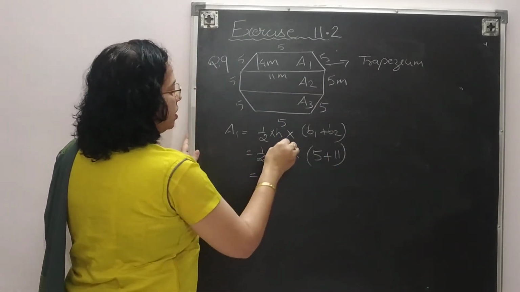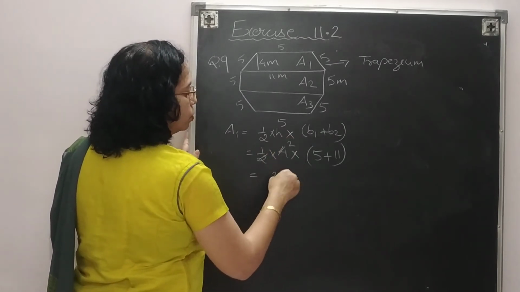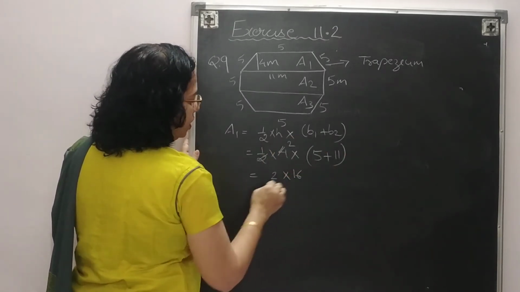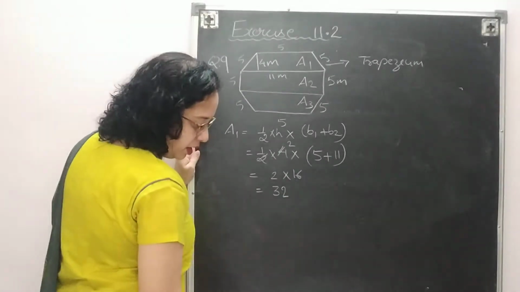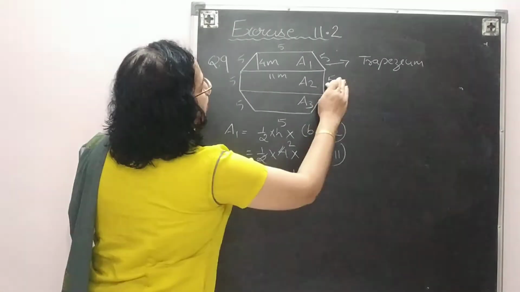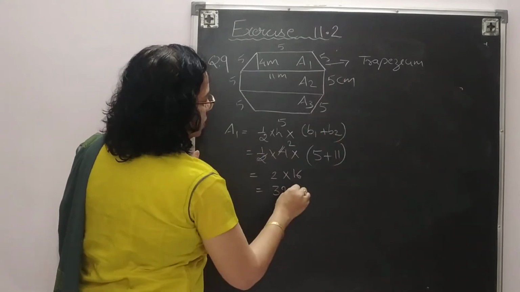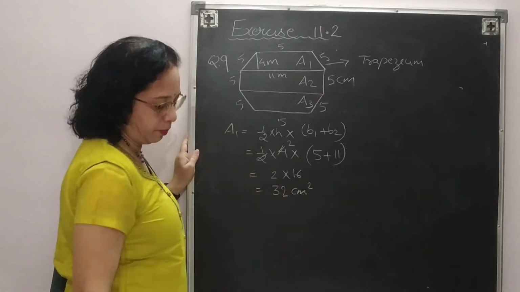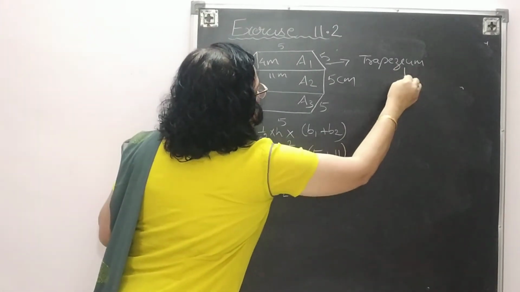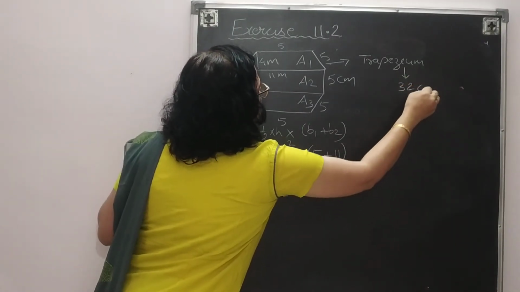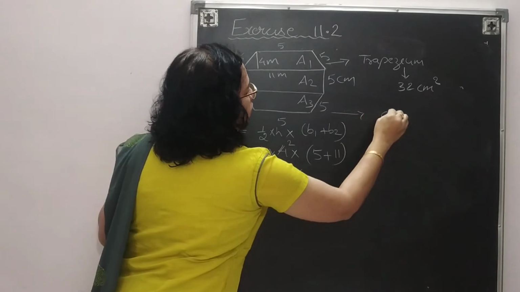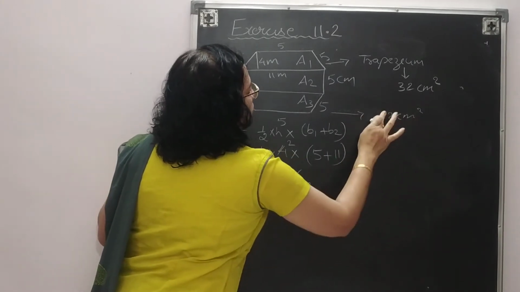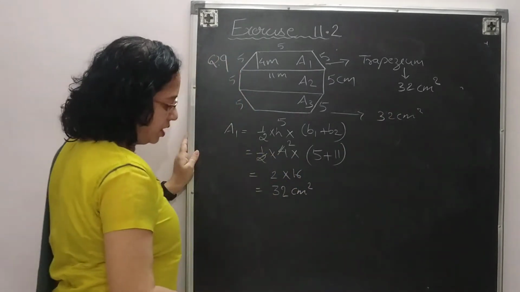So you can cut the number, 2 2s are 4. So 2 into 11 plus 5 will give you 16. So this is 32 and the units are in centimeter, not meter. So this is centimeter square. So for trapezium we got the value 32 centimeter square. So same way this is also 32 centimeter square. A3 and A1 area is same.